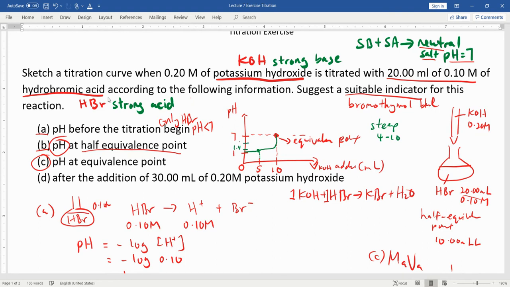Okay, maybe from here is 4, so the steep will be roughly from 4 until 10. Okay, where is a vertical line, but we don't label 4 and 10. Okay, now we go to the last one. After the addition of 30 ml of 0.2 molar of potassium hydroxide.